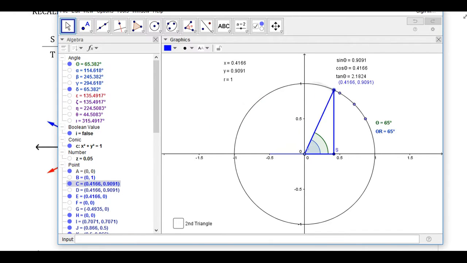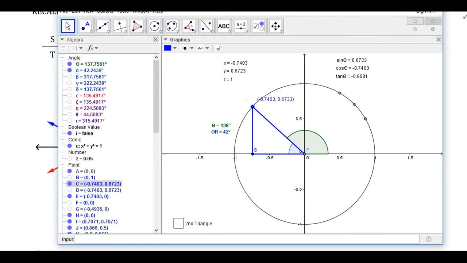If I put it there, that looks like a 45-degree angle. You can see the blue and the green are the same. But if I come over here and put it at about 45, can I get about 45? There we go, about 45. So my related angle is 45. The related angle is always made with the x-axis.